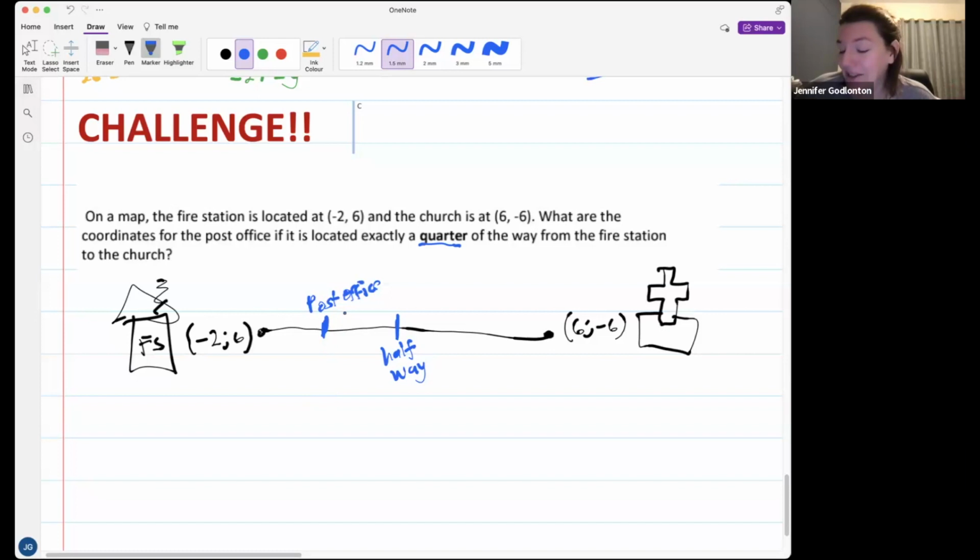Yes, it's the quarter point, but it's the midway point between those two. So our first goal is we want to find the halfway point, and then we can find the quarter point. So it sounds like a difficult question, but it's actually not so bad when you break it down a little bit.